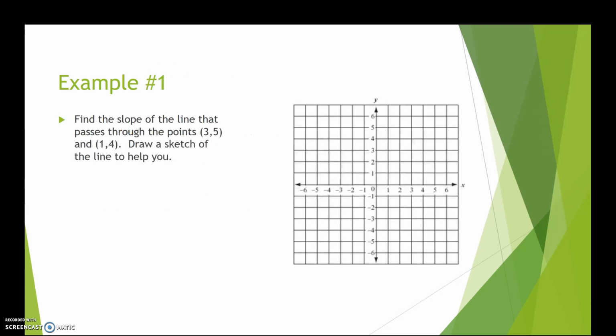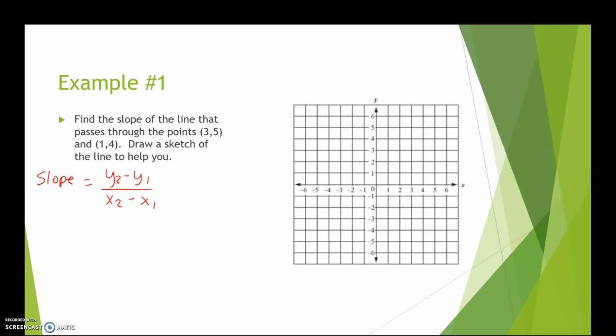So you might be given the points here. It says find the slope of the line that passes through the points 3, 5, and 1, 4. Well, we're going to use the slope of a line. Slope is y2 minus y1 over x2 minus x1. And then once we're done with that, we're going to graph this.